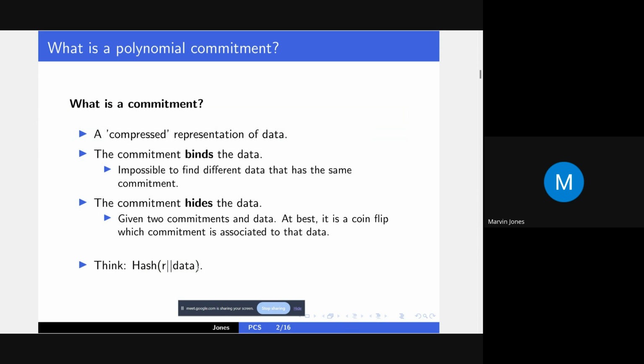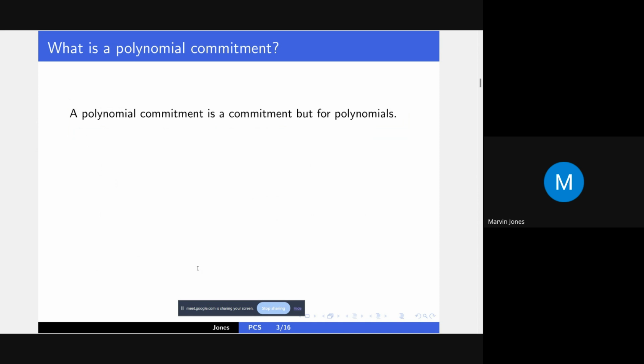All right. So now that we know what a commitment is, we can easily answer what is a polynomial commitment. It's a commitment, but for polynomials. And you're all thinking that is the worst way to define a polynomial commitment. But I'm not wrong. It does have one additional step, because polynomials have a little bit more going on than just being data.